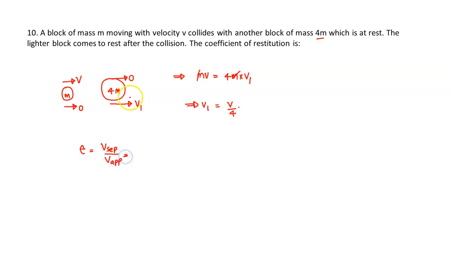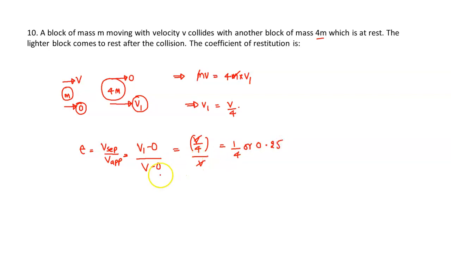Velocity of separation will be v2 minus v1, which is v1 in this case minus 0, divided by u1 minus u2, which is v minus 0 in this case. So v1 is nothing but v by 4 divided by v. So this v gets cancelled, that is 1 by 4, or we can write it as 0.25. So 0.25 will be the numerical answer for this question.